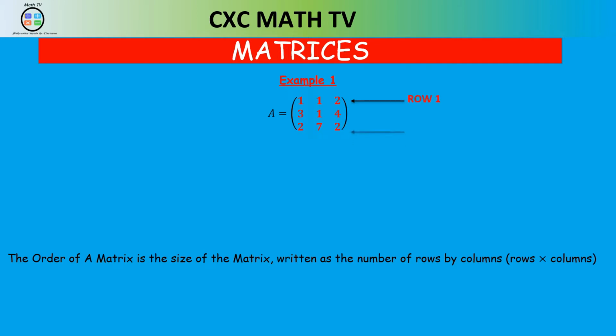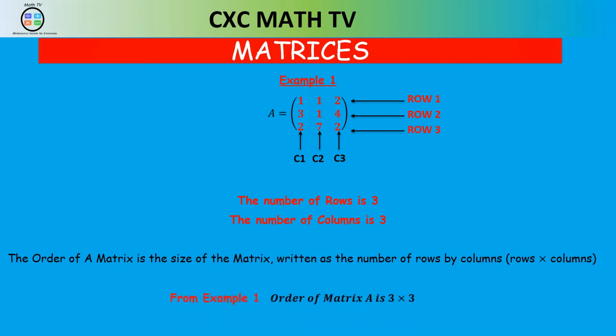The number of columns is 1, 2, 3 columns. So the number of rows is 3 and the number of columns is 3. Now, the order of a matrix is the size of the matrix, and it is written as the number of rows by columns. This matrix had 3 rows and 3 columns. So from example 1, we can conclude that the order of matrix A is 3 by 3.